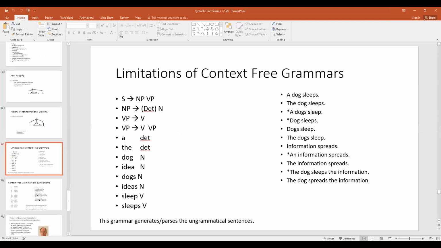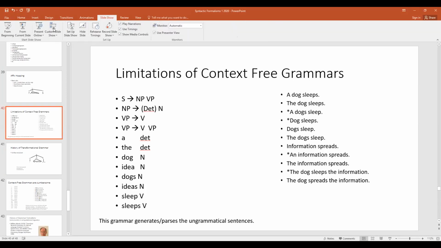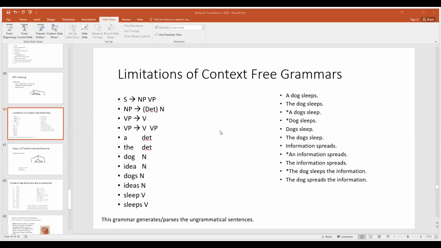Where we left off last time was that we talked about finite state grammars and context-free grammars, and we went over a thing called A to the N, B to the N, or center embedding, which we used to show that finite state grammars are not completely adequate for describing the syntax of human languages.